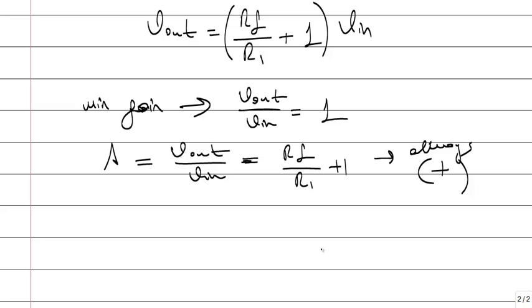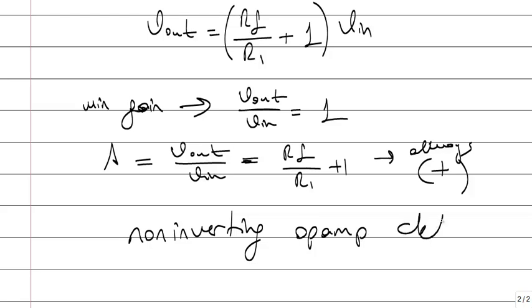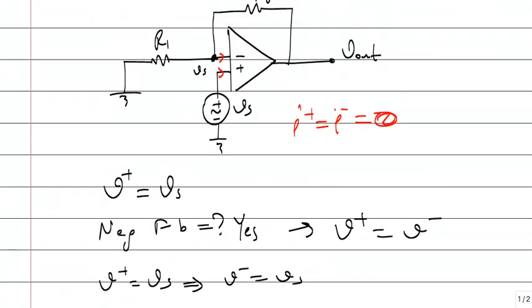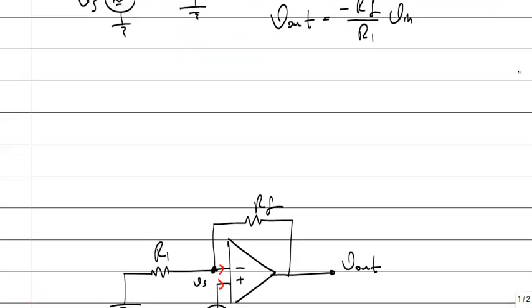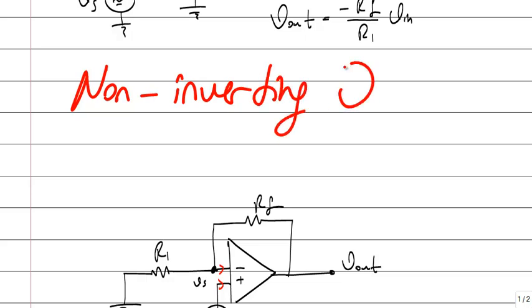Always positive. Okay, so this is called non-inverting op-amp circuits. Okay, what does it mean non-inverting? It's not inverting the polarity of the signal. Okay, non-inverting op-amp circuits.